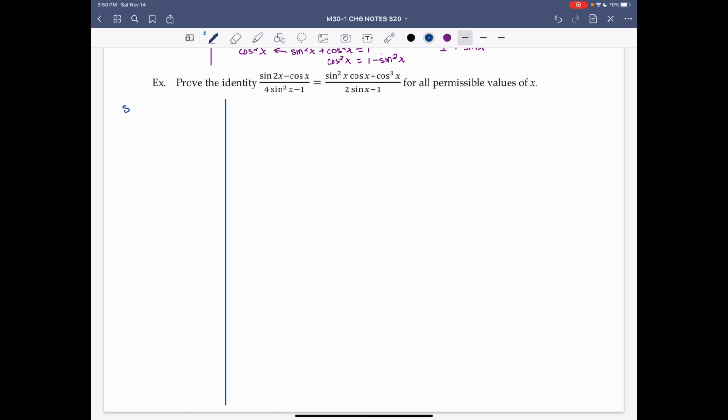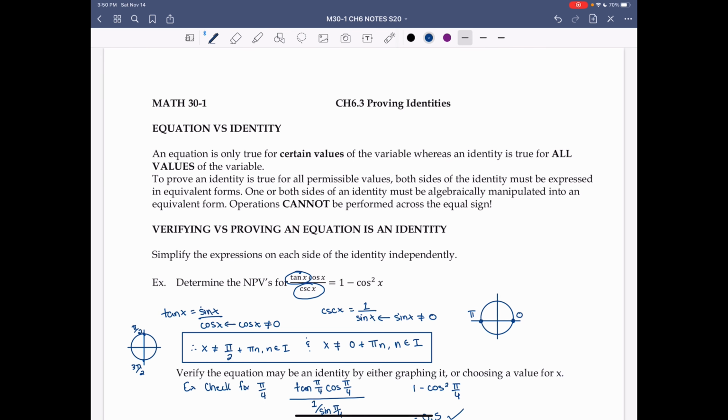The left side is sine 2x minus cos x over 4 sine squared x minus 1. Sine 2x, I can look back to find my double angle identities.